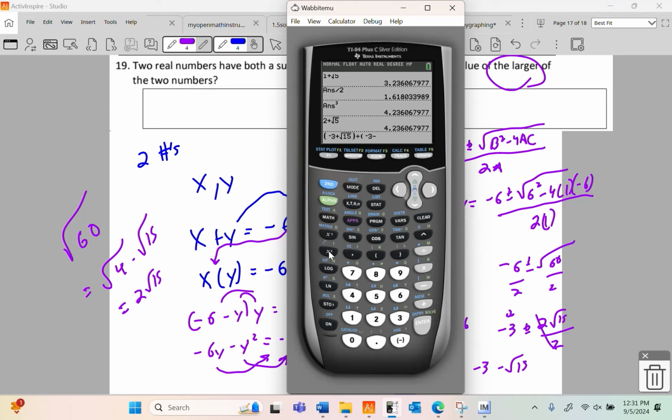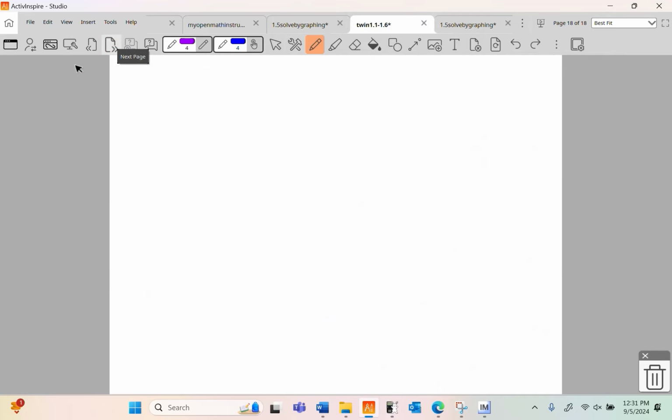Looks right to me in my head. Sum is negative 6. It also said their product was negative 6. Change that plus to a multiplier. Ta-da!